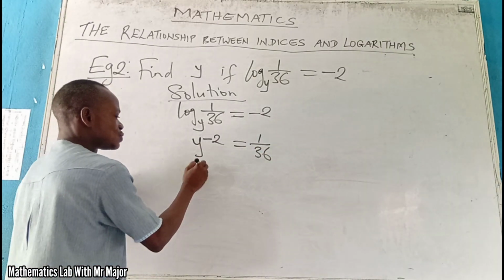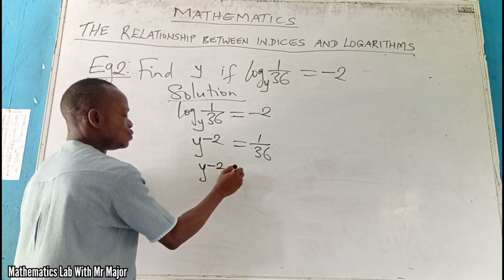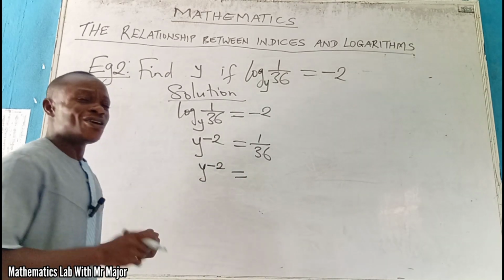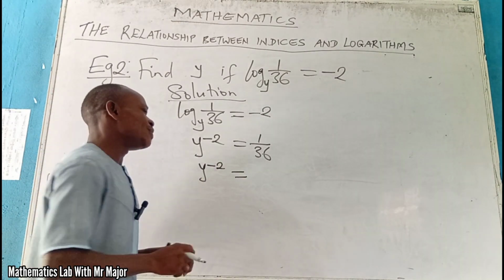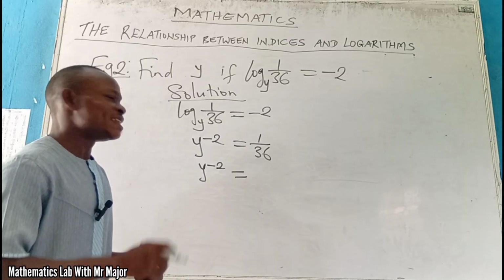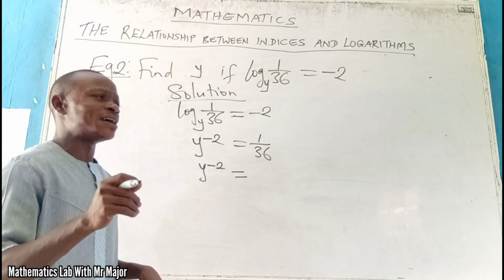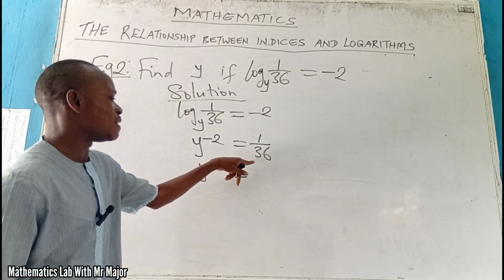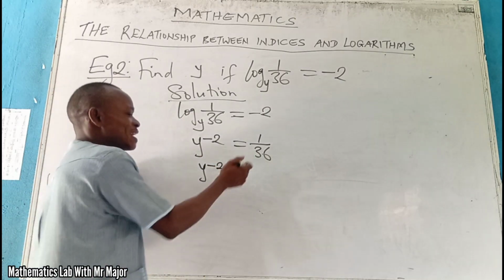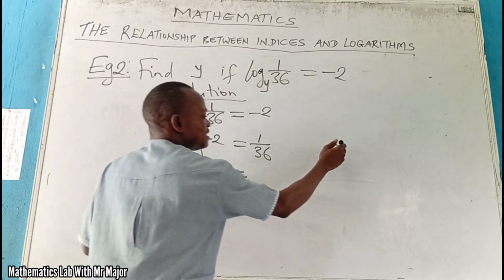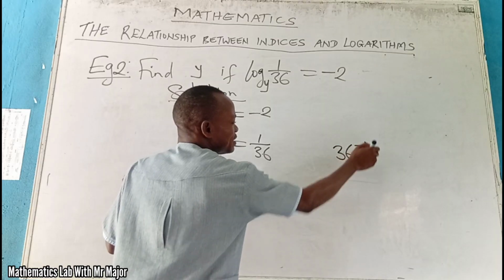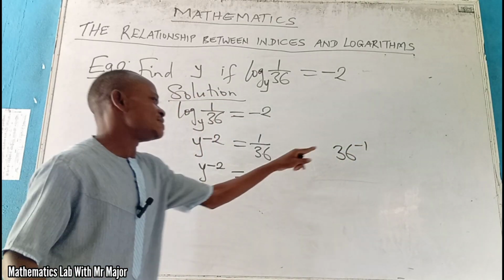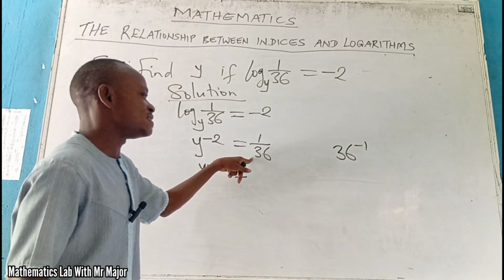This is the same thing as y raised to power minus 2 equal to, according to the negative law of indices, anything raised to a negative power is equal to its reciprocal raised to a positive power. So now, what that means is that if 36 is raised to a negative power like this, it is the same thing as 1 over 36.